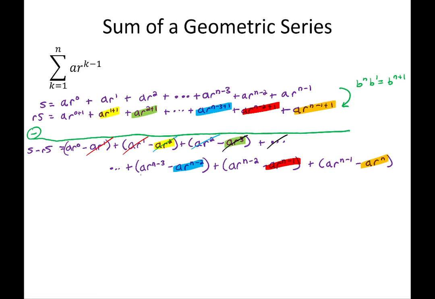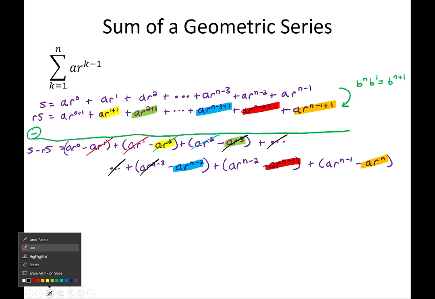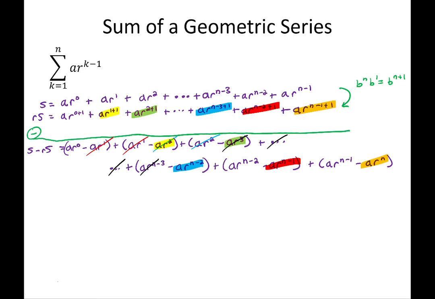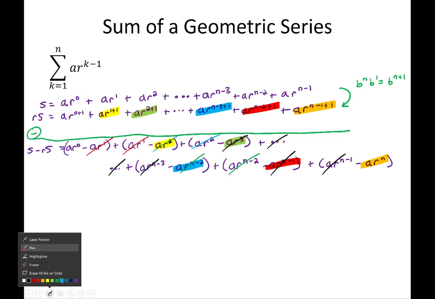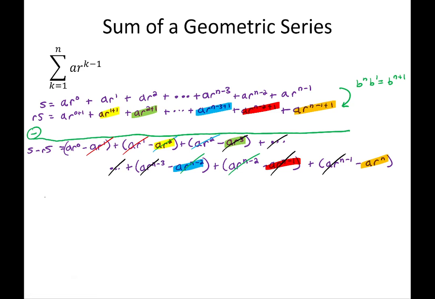An ar to the n minus 3 and an ar to the n minus 3 that came before that will cancel. So all these middle terms are canceling each other. We'll cancel that and that. Cancel that one and that one. And what we're left with is just the first term and the last term, because nothing canceled with those.